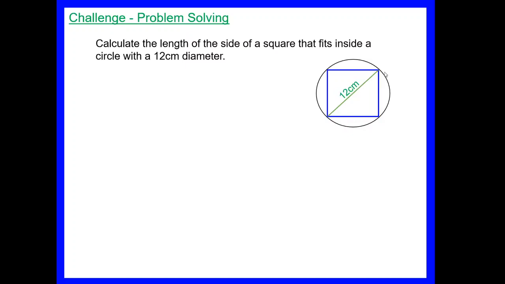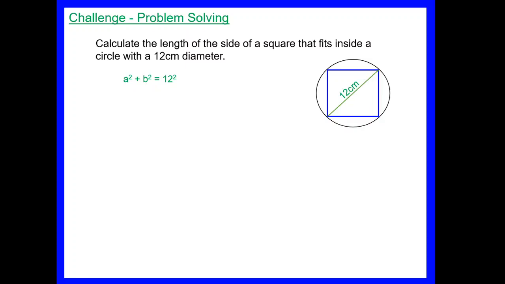Now, we can see that the diameter goes from one corner of the square to the other, and our square has a 90-degree corner. So again, we've created a right angle here. Now we know in a right-angled triangle that the hypotenuse C squared is equal to the two shorter sides squared and added. So A squared plus B squared must equal 12 squared.